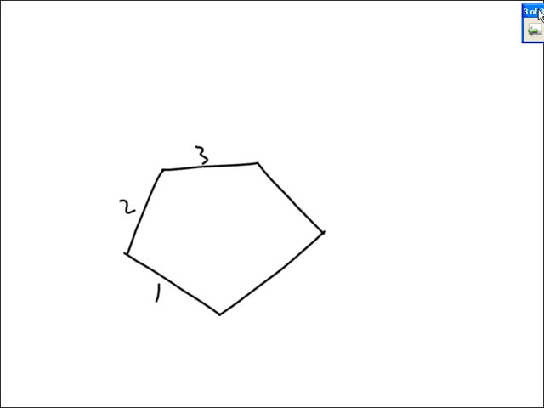If you have a polygon, a multi-sided figure, and we have 1, 2, 3, 4, 5. If you extend one end of each line, say line 1, I extend it here. Line 2, I extend it here.